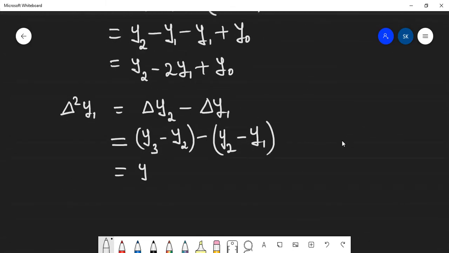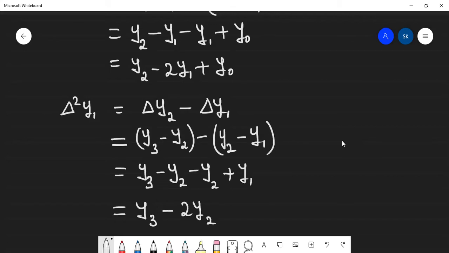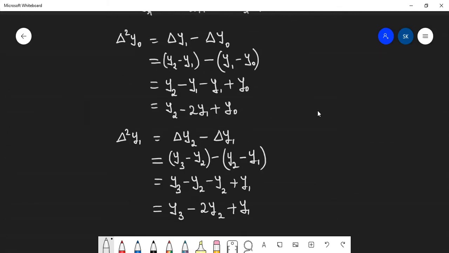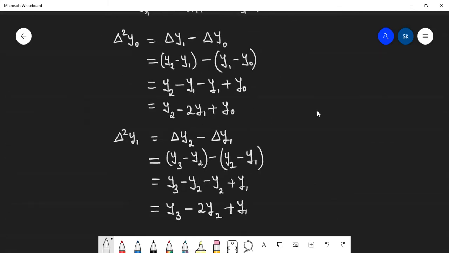This is y3 minus y2 minus y2 plus y1. So this answer will be y3 minus 2y2 plus y1. So this is how you find out the delta square values. Fine. Similarly, you will go on doing for however many you want.